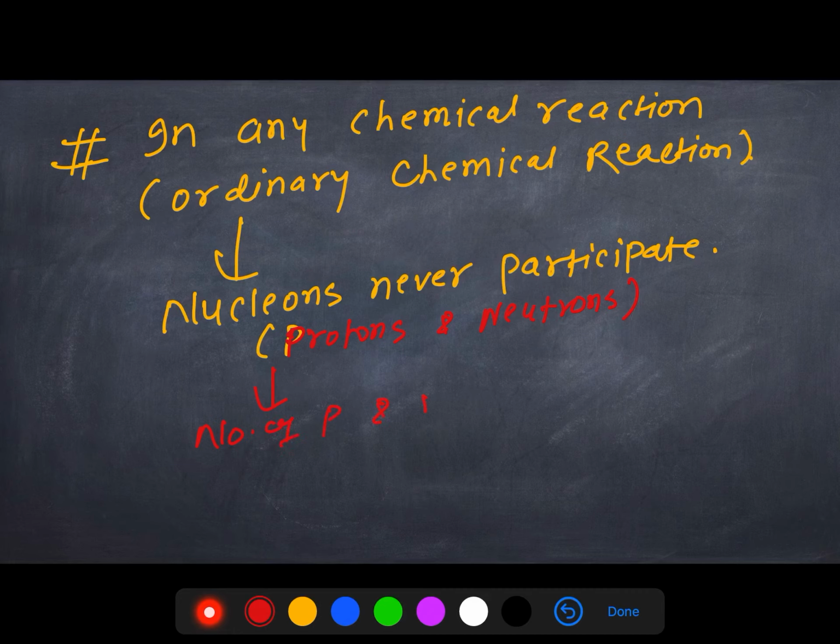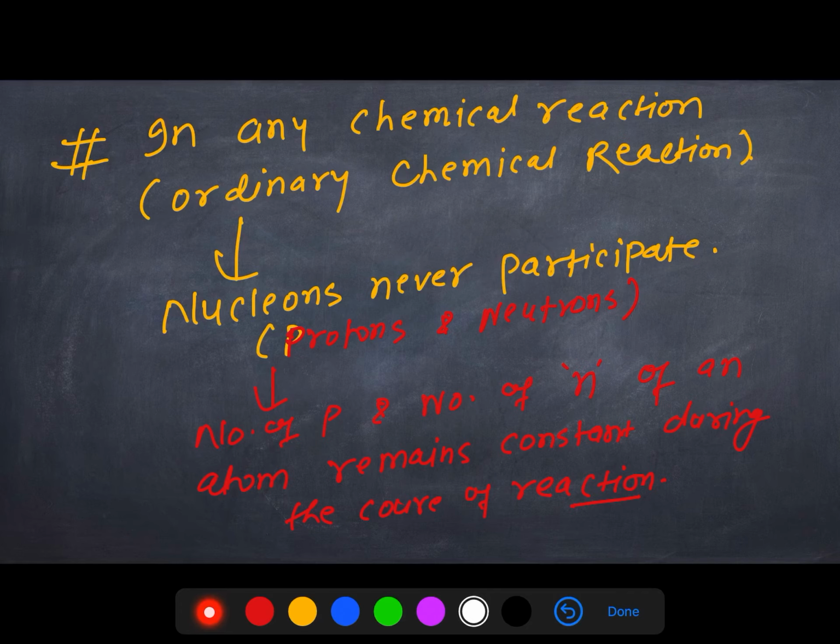So can we say that, from this, the number of protons and number of neutrons of an atom remains constant during the course of the reaction? The number of protons and neutrons will never change for an atom in ordinary reactions, right?